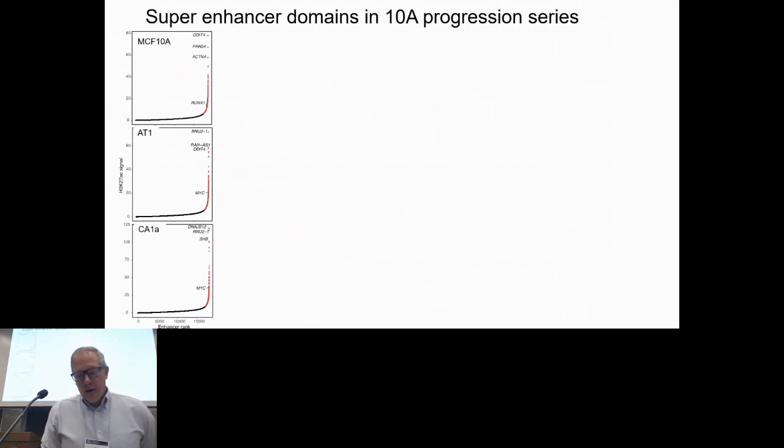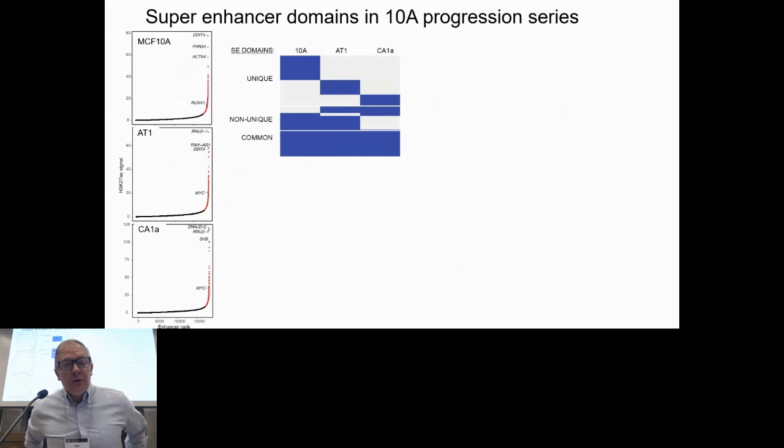Another area of interest is to identify super enhancers, which are highly active enhancers linked to lineage specification. We used rank-ordered super enhancers to identify large super enhancer domains, and binary clustering shows that each of these cell lines has a unique distribution of super enhancers present in 10A, AT1, or metastatic cell lines.